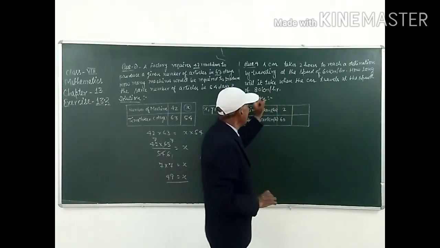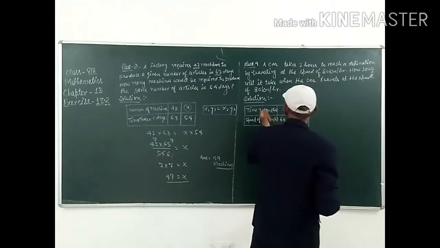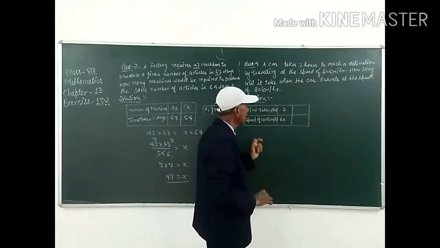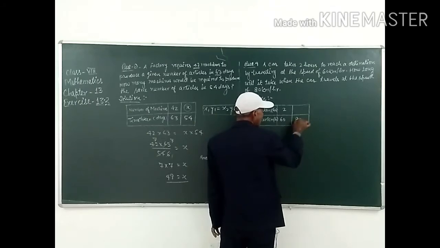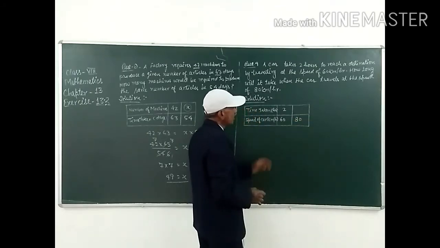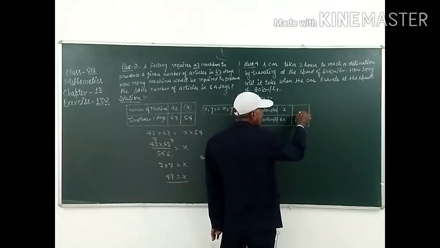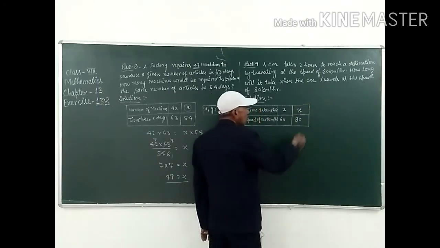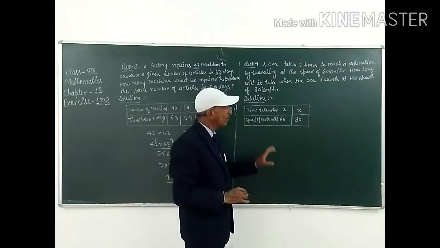How long will it take when the car travels at the speed of 80 km per hour? Now the speed of the car is 80 km per hour, then how much time will it take? Let it take x hours to reach the destination at the speed of 80 km per hour.